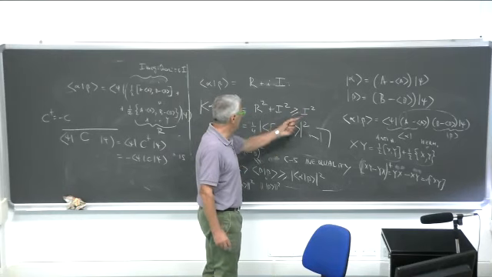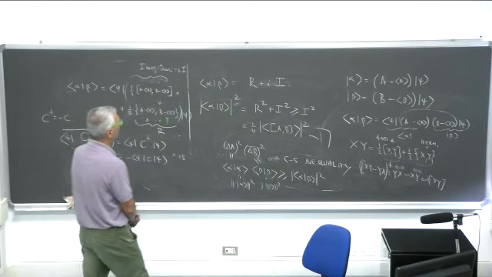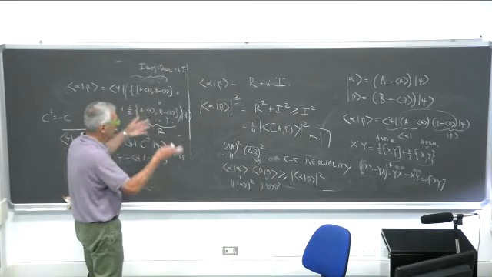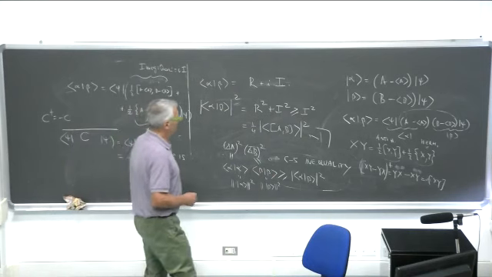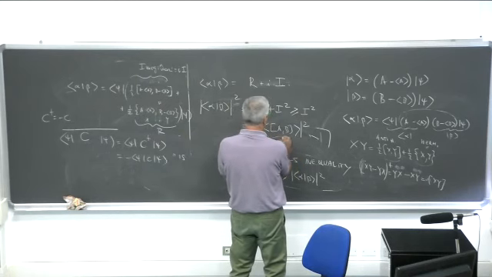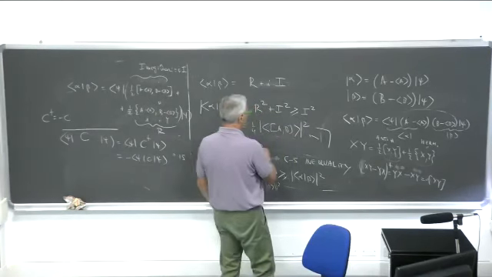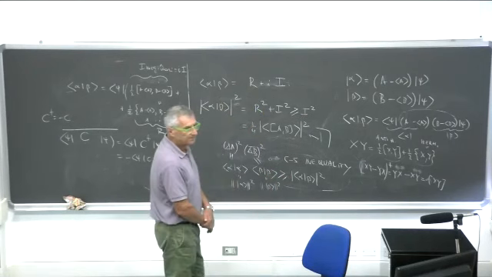So this I is this thing here. 1/4, because we started from 1/2, but we take the modulus square, it becomes 1/4. And this is the modulus of a number, the expectation value of some operator, the commutator. And this is the modulus square of that number.